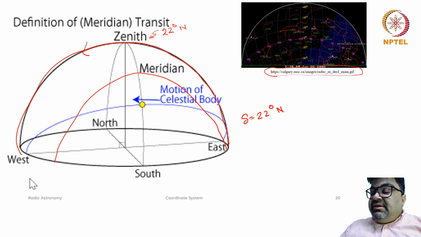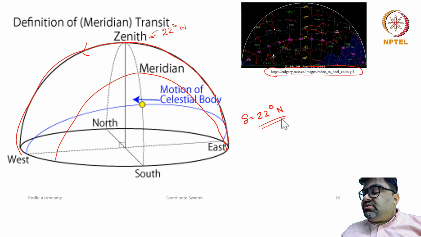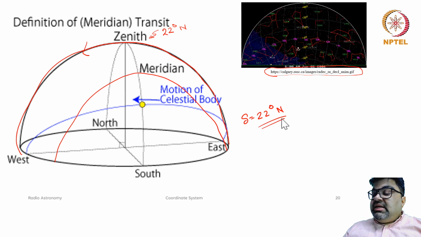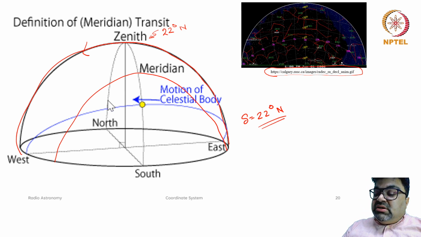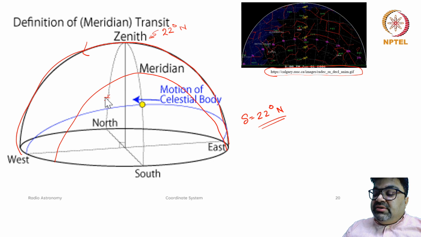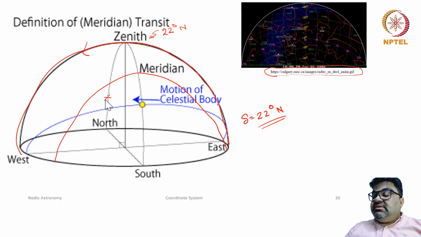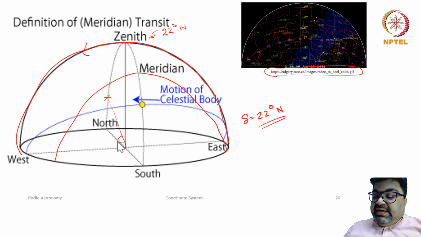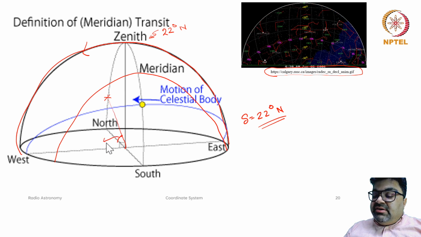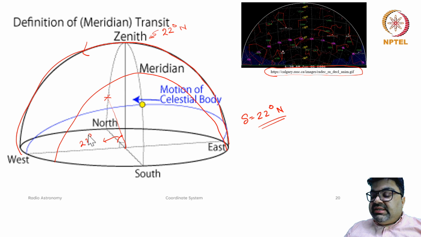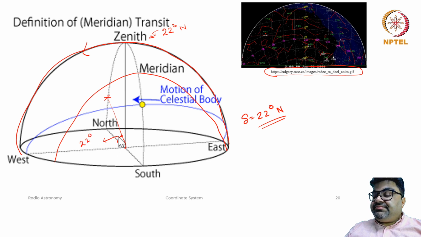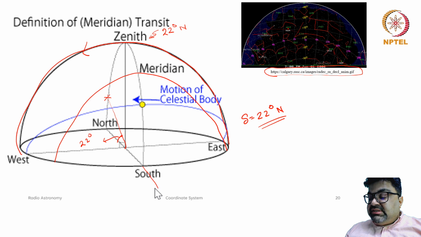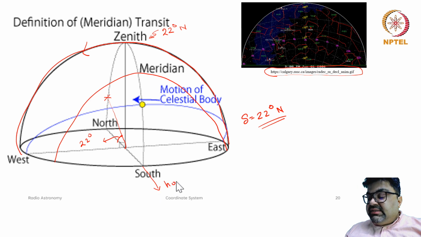Because I am at 22 degrees north, the north celestial pole will be visible to me at an exact elevation of 22 degrees from the horizon. These are the lines which represent the horizon.